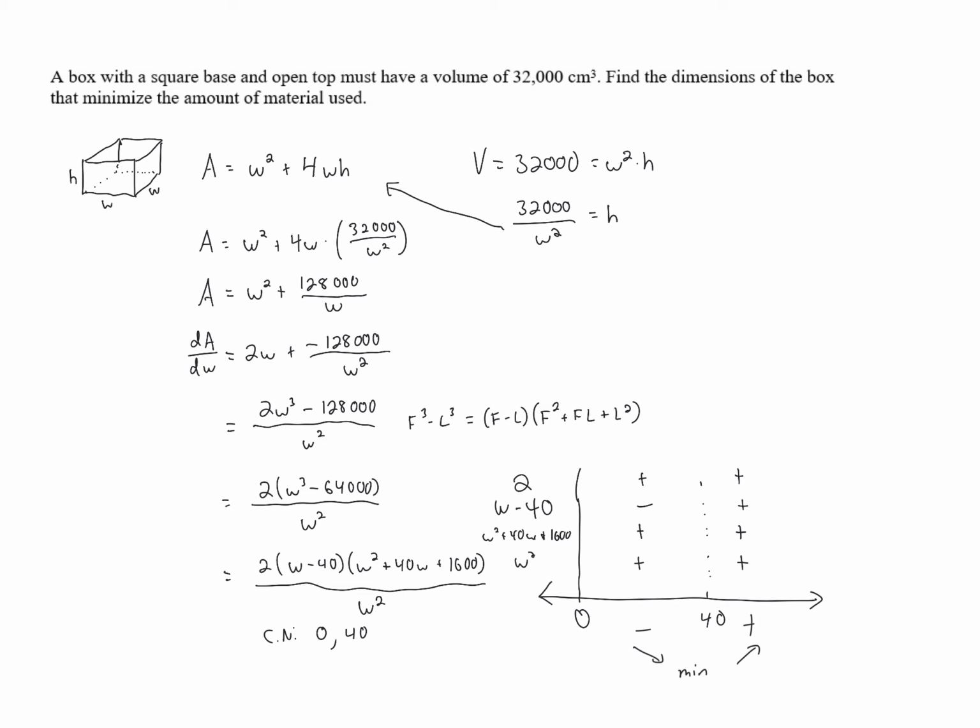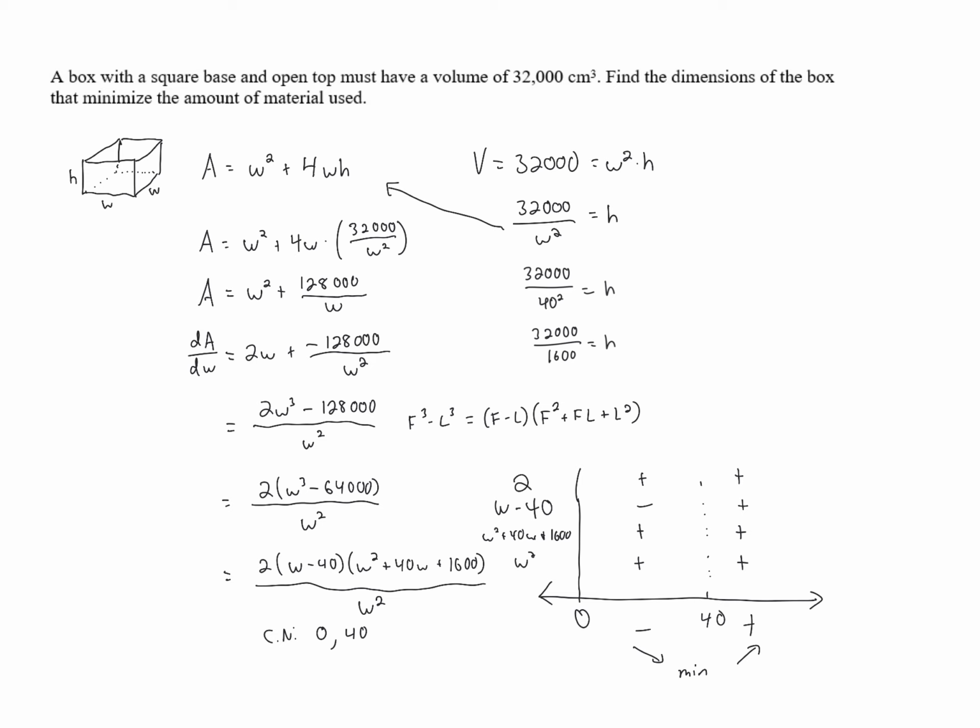But we wanted to find the dimensions, so we don't just need w, we also need h, but we have this relationship between w and h right here. So if we plug in 40 for w, that's going to be 32,000 over 40 squared equals h. So that's 32,000 over 1600 is h.